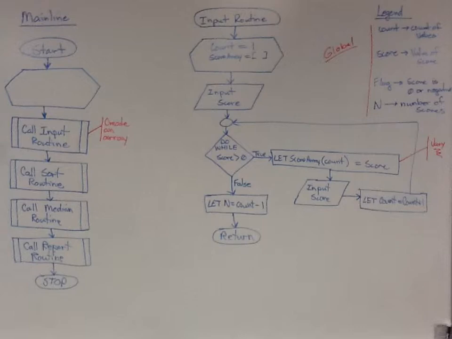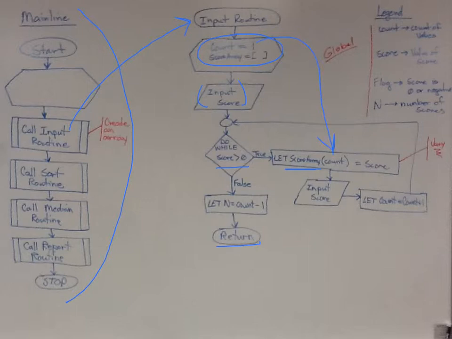And so here's our main line of what the program is going to do, and then what we did was we recreated one of the modules. And the input routine, we're going to call it, and then here's the return. And so then we initialize the count, initialize the score array. We inputted a score. As long as the score is greater than 0, we let the score array count is 1.